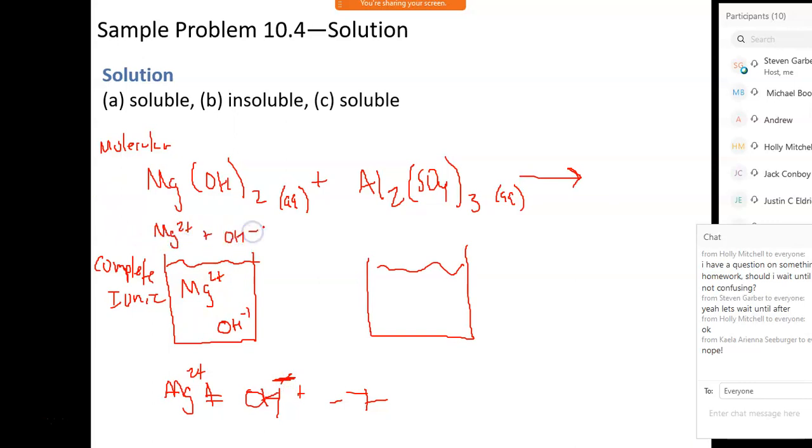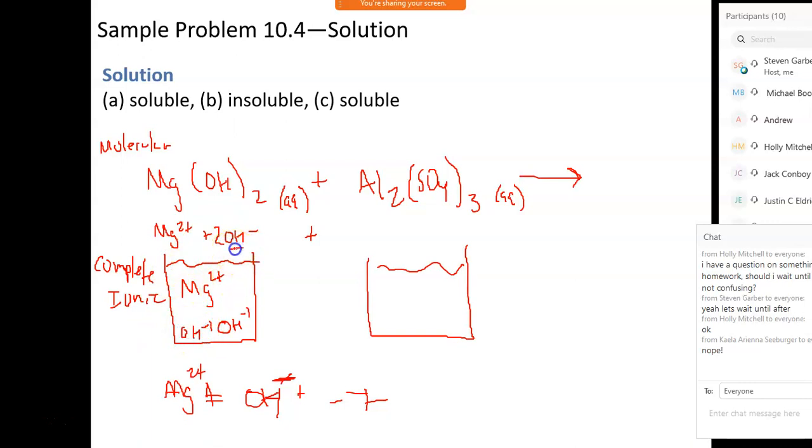Now again, you don't have to balance this if you don't want to. I mean, if it helps you, if you're like, well, I have 2 hydroxides, where's the 2? A lot of people want to put the 2 right there. Okay, but remember, don't do that. I was telling you guys that you still have to write the formula correctly. If you just have to have that 2, the 2 goes here, because I'm forming 2 OH minuses.